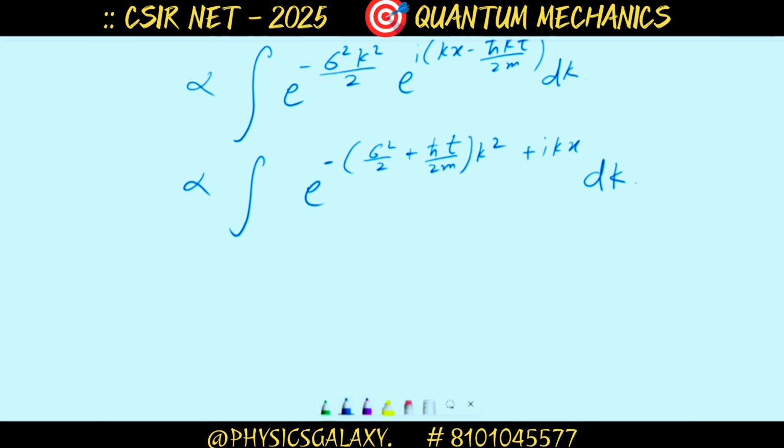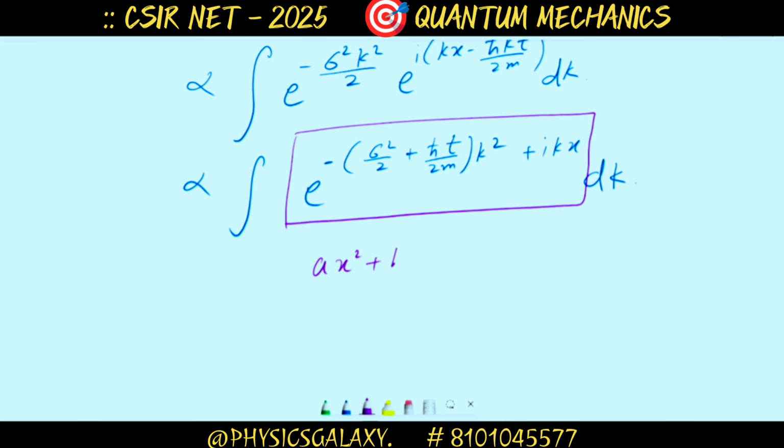Now this is a typical form for these kinds of problems, and we can use completing the square. If we have ax square plus bx, we can complete the square and write it equal to y square minus b square by 4a, where y equals under root of a times x plus b by 2a.